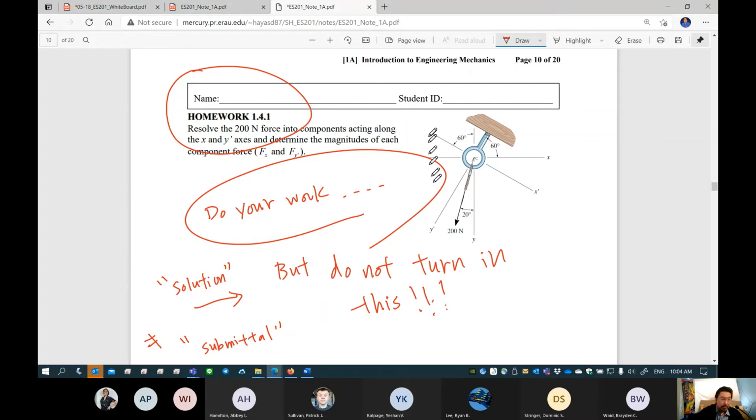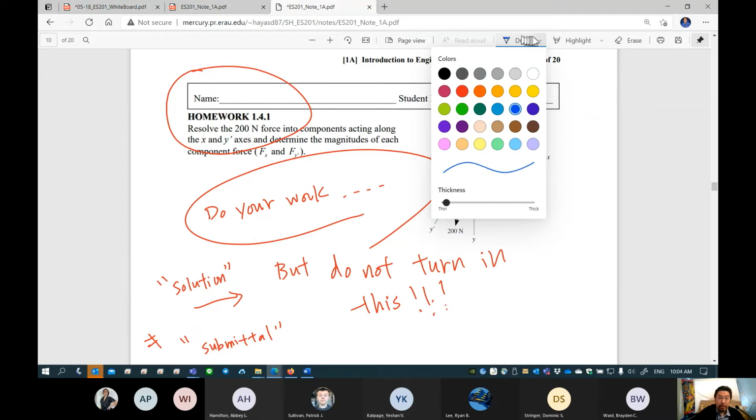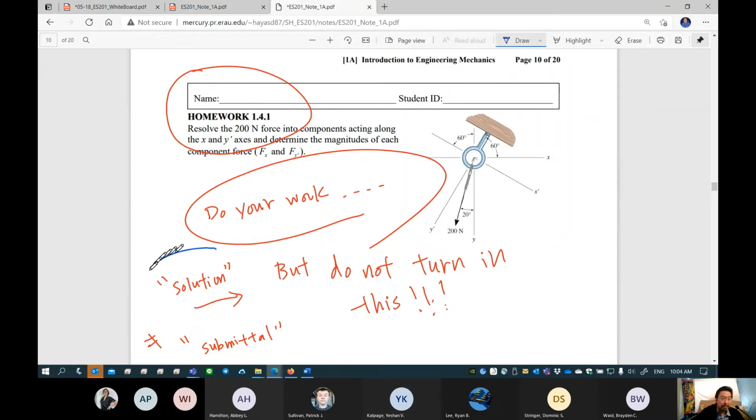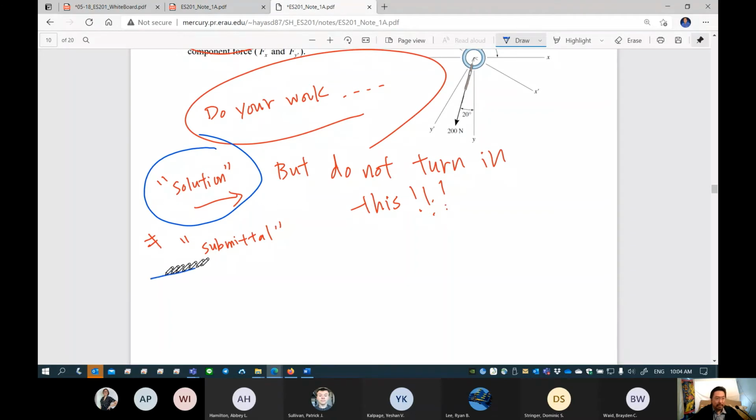Submittal is different from your solution. Your solution is your own understanding. You don't have to organize it, explain it, or tell the details, because you know what you did. But is that equal to the document you want to submit to someone else, so that someone else actually understands what you're doing and gives you an assessment for it?